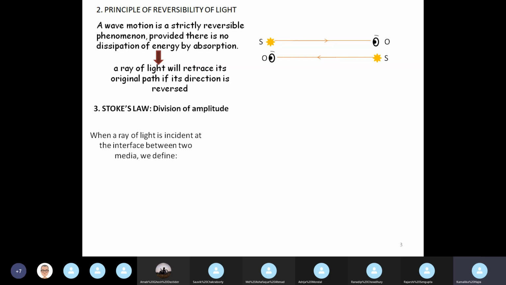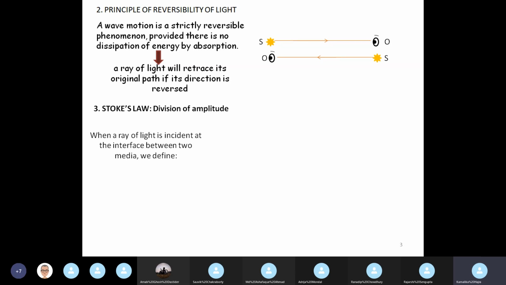For example, if you have a very shiny surface, then most of the light will be reflected and very little will be transmitted. If on the other hand it is the interface of air with a transparent medium like water or glass or glycerine, then part of it will be reflected but most of it will be transmitted. That is what is known as a transparent medium.